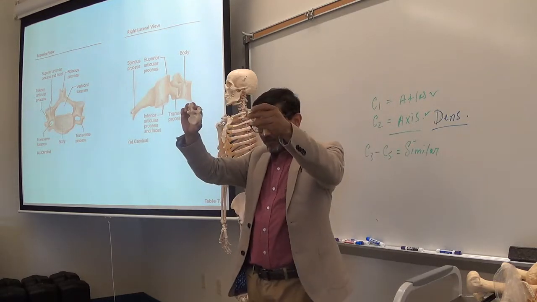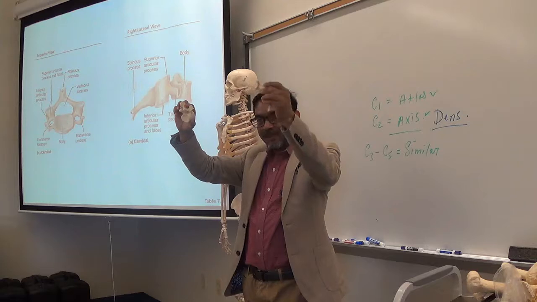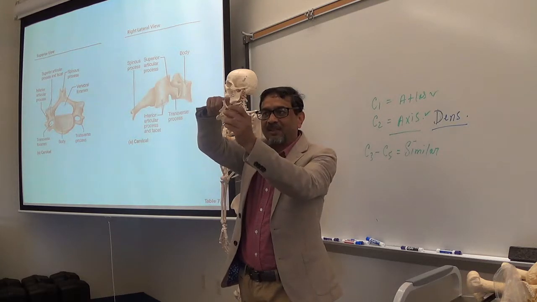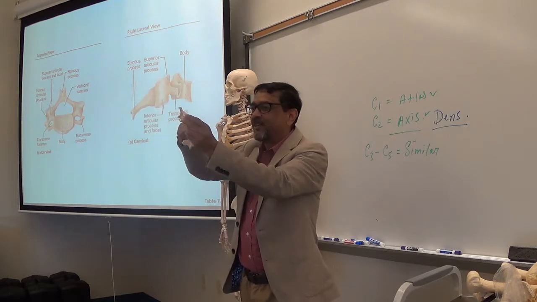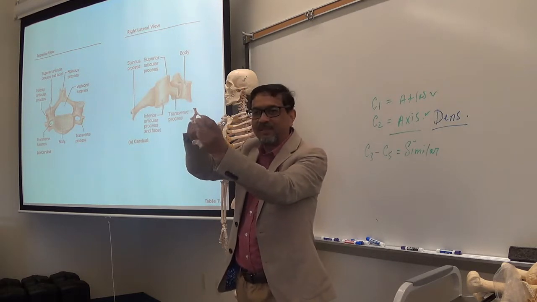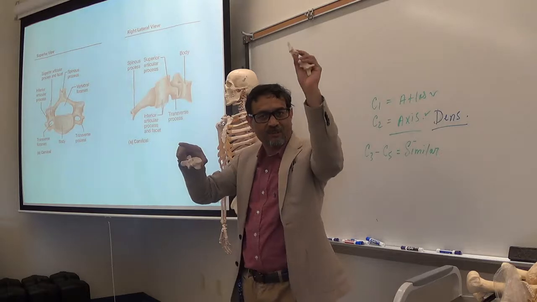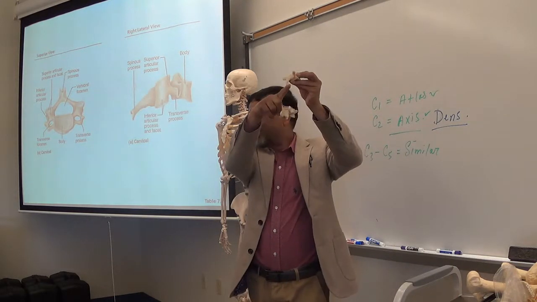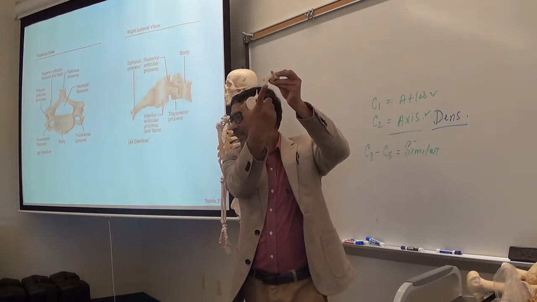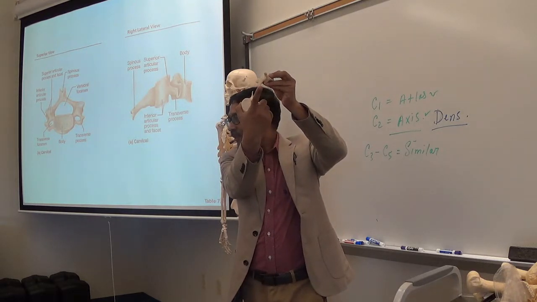This is what? Cervical. Again, cervical has divided, split spinous process, right? And transverse foramen in the transverse processes. Is it clear? Cervical. Thoracic, long, pointed spinous process. Make sense?